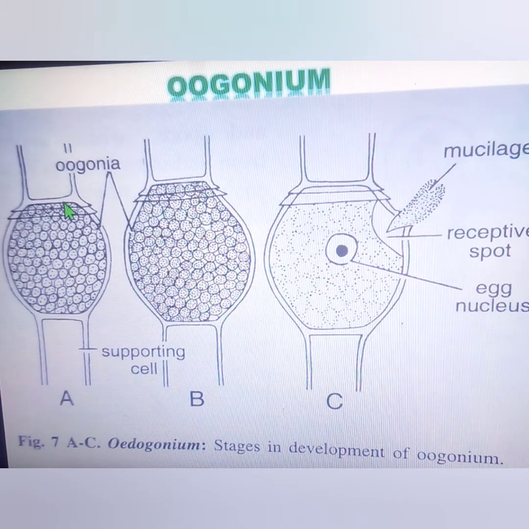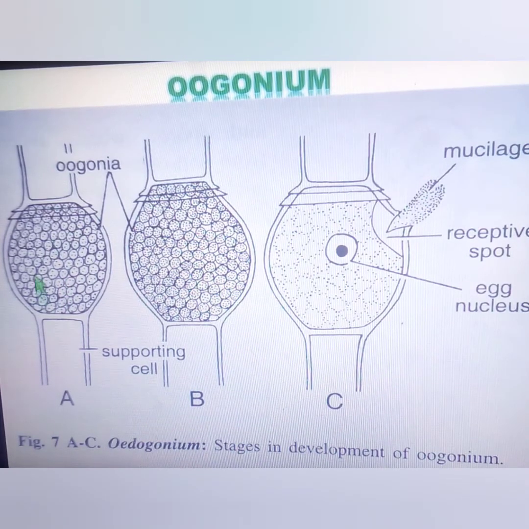Now this cell divides transversely into the upper oogonium and a lower cell. As you can see here, this whole filament cell, which has a cap cell, divides into two cells. The upper cell acts as the oogonial mother cell, and the lower cell acts as a suffultory, or we call a supporting cell.